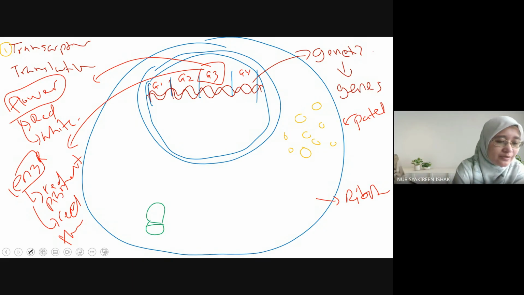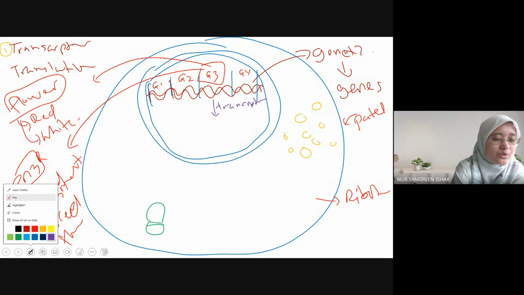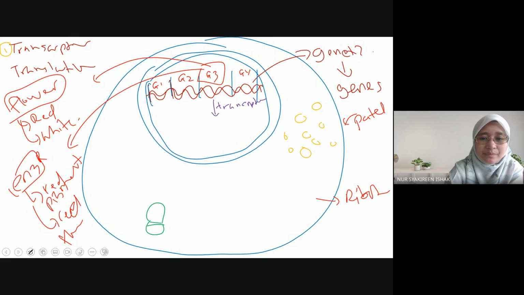Let's look at the first process, transcription, where the information is copied. Transcription copies the information from the DNA into a smaller molecule, which is mRNA.